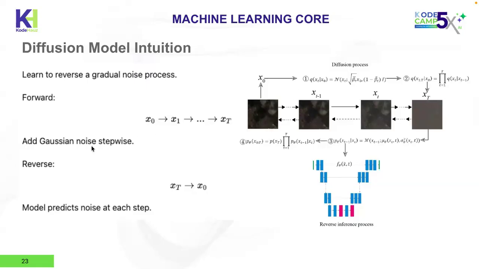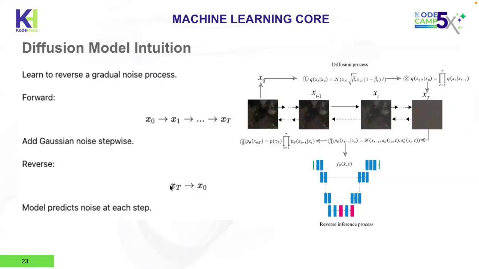Now, in the reverse process, you are essentially training it on the steps that you created while you were noising, right? So the model should be able to predict the noise at each step, but you are training it backwards. You are training it with data from the last, most noisy image backwards to the least noisy image.